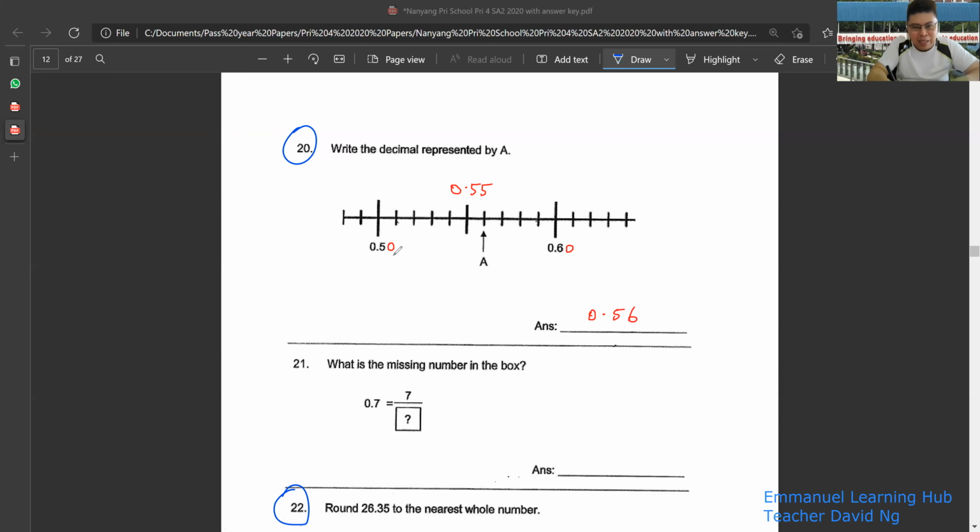Now I tell you, because the examiner leaves out the 0 here, your thought is only 1 decimal place. Why does the examiner do that? To test your ability to observe and your ability to see things in a mathematical way. Can understand? Okay, the examiner purposely leaves out the 0 here.